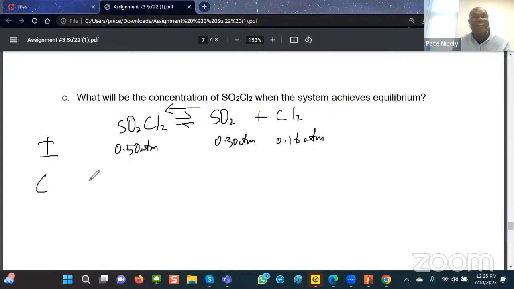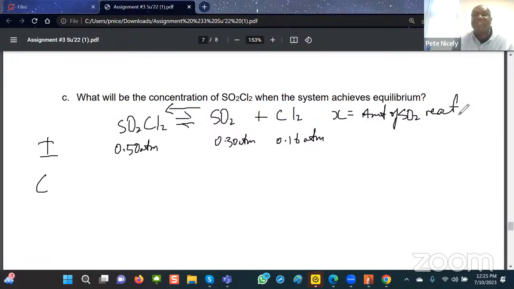Now, we don't know what that amount is. In fact, we need to find that out. And the way to do that is to say that X represents the amount of SO2 reacting, all right?